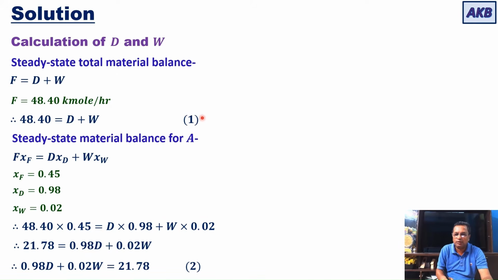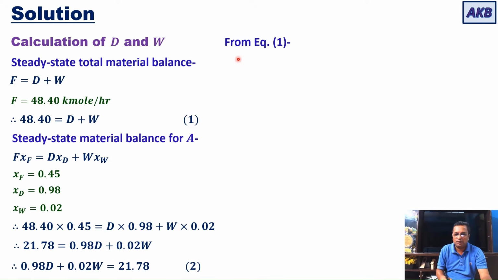If you look at equation number 1 and equation number 2, you will come to know there are two unknown quantities present in these two equations. Which are these quantities? D and W. So you have two equations and two unknowns to be found out, and you can easily solve the two equations simultaneously.